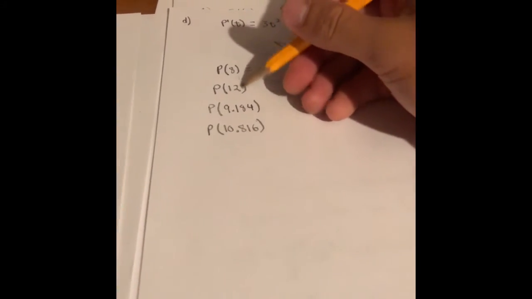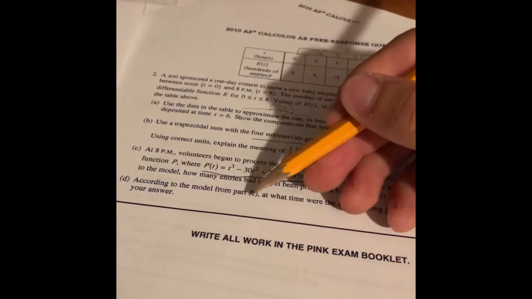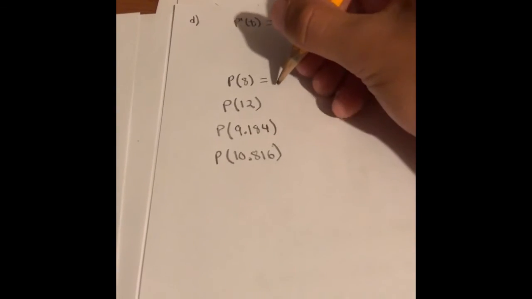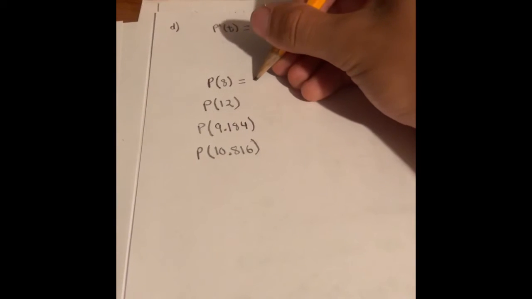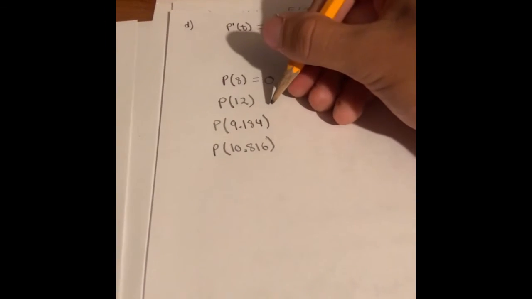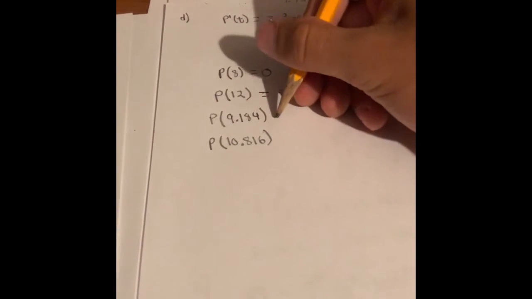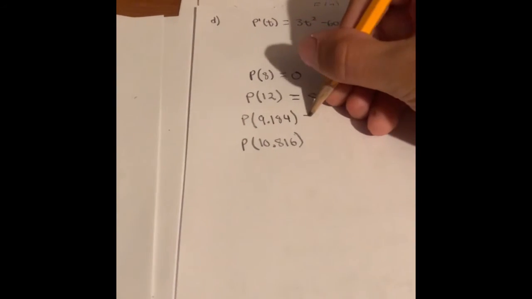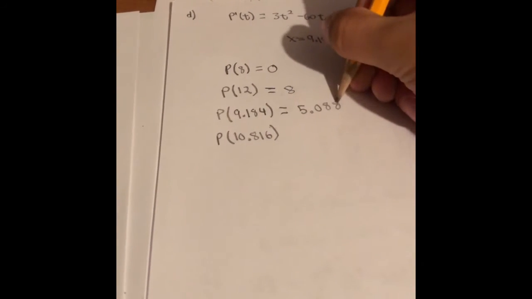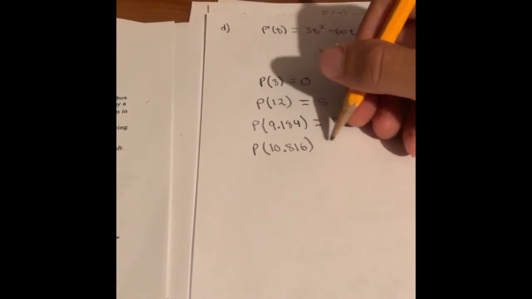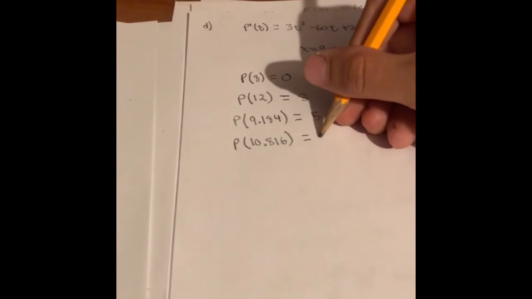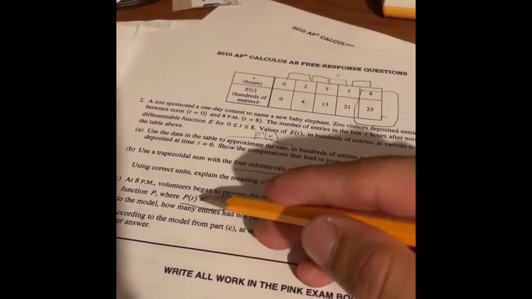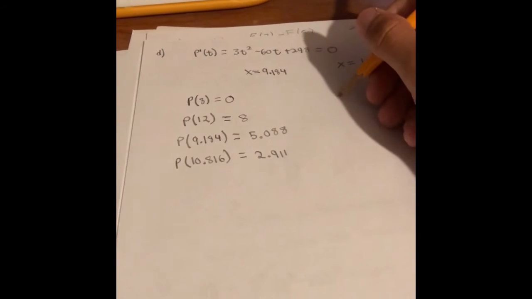And so now we plug all of these into the given model from C. From this we get P of 8 equals 0, P of 12 is equal to 8, P of 9.184 is equal to 5.088, and P of 10.816 is equal to 2.911 once plugged into the function P of t.